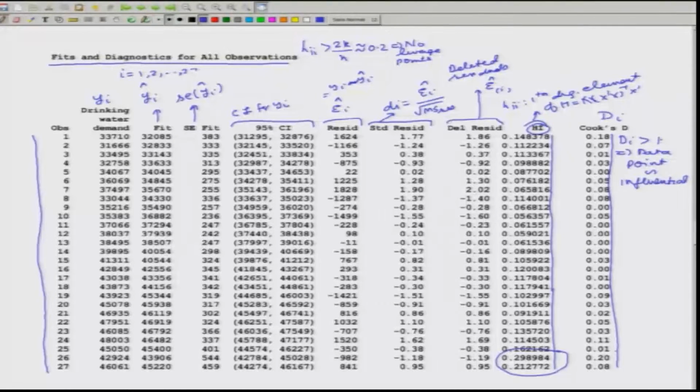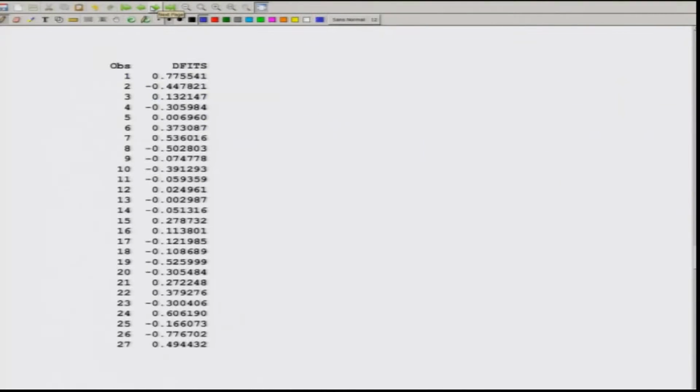Right. Okay. Now we come to our next data. Here it is trying to give us the value of DFITS statistic, and you may recall that we had defined the DFITS statistic as yi minus yi hat based on deleted residuals divided by sigma i square hat based on deleted residuals times hii.